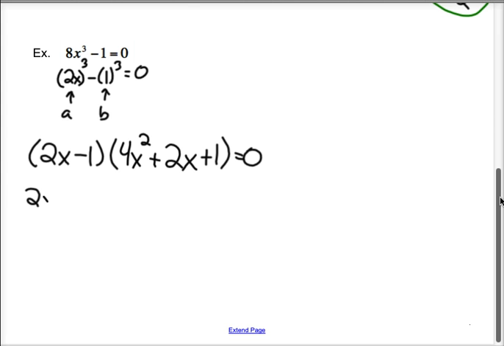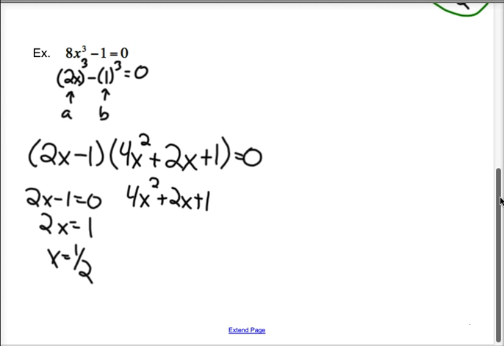So now when we go to solve these pieces, 2x minus 1 equals 0, we end up getting an x of 1/2. When we set this piece equal to 0, well, now this is going to be one of those quadratics that we need the quadratic formula for. Okay? So, our a is 4, b is 2, c is 1. So let's plug this into the quadratic formula.